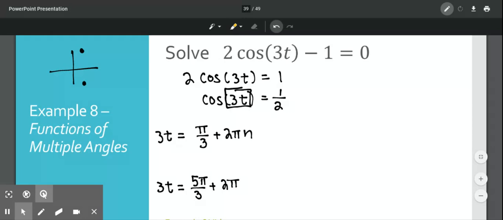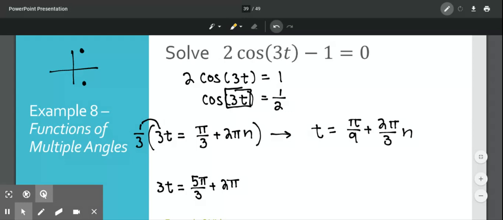So then to actually solve for the variable, we have to eliminate that 3 out front. So we have to multiply everything by 1/3. So here we would get t equals pi over 9 plus 2 pi over 3n, because we have to distribute that 1/3 to every part.